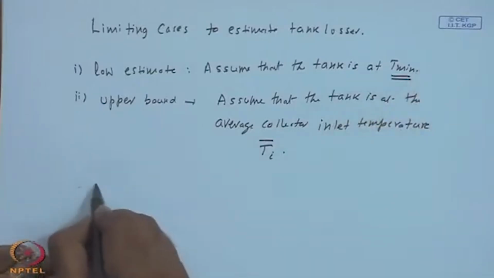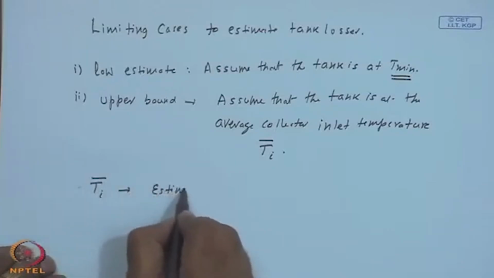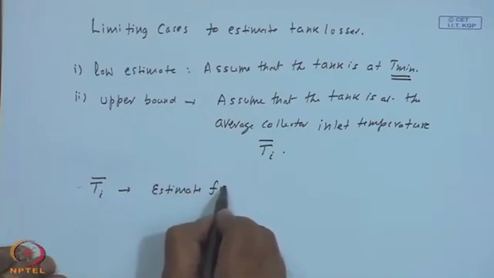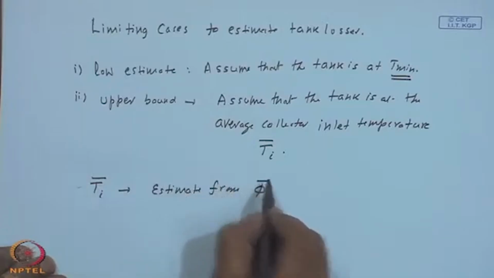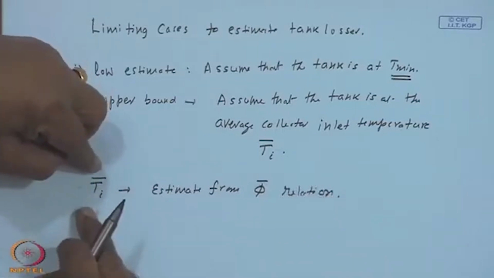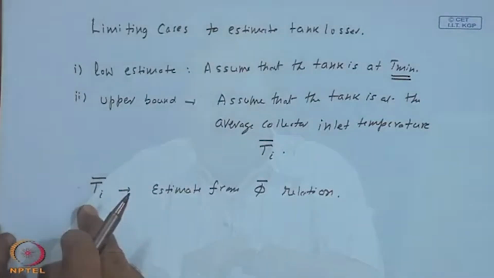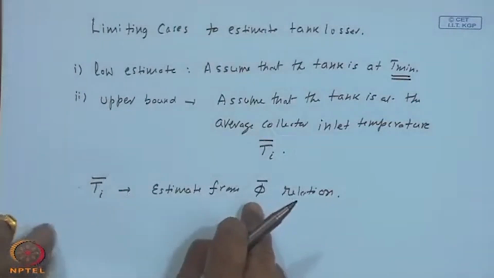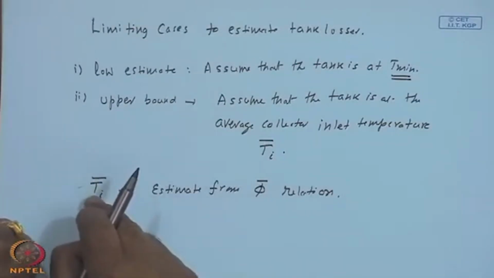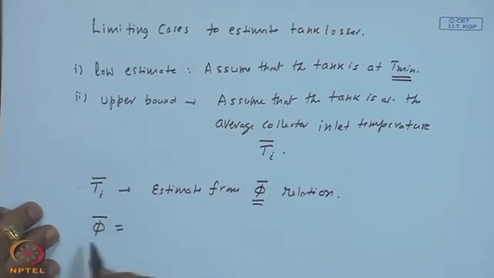This T I bar I will estimate from the phi bar relation. Since this corresponds to an inlet temperature of the collector, based upon this inlet temperature there is a certain utilizability phi bar, and if there is a certain utilizability, what is the T I bar temperature. Now, this phi bar, I am deliberately not writing phi bar max, just phi bar.